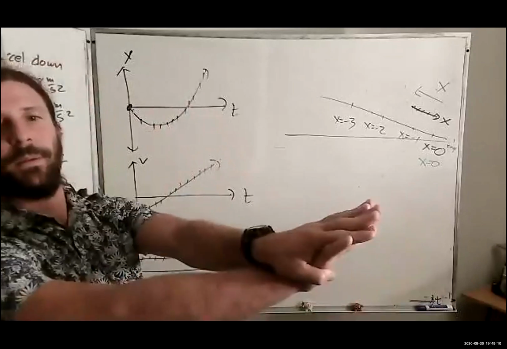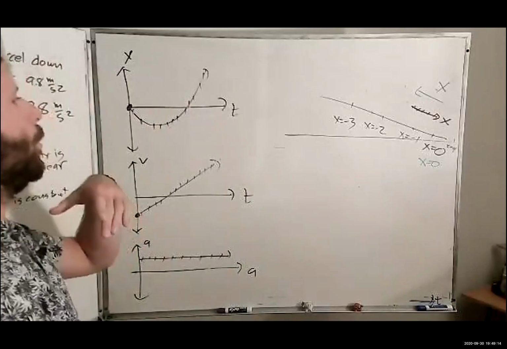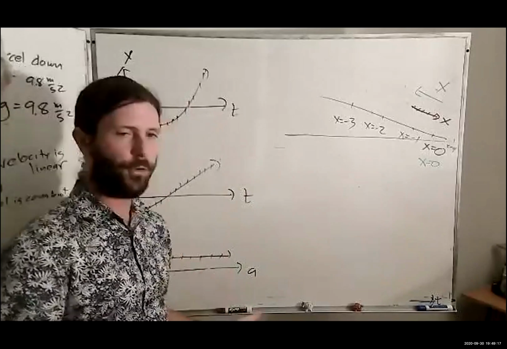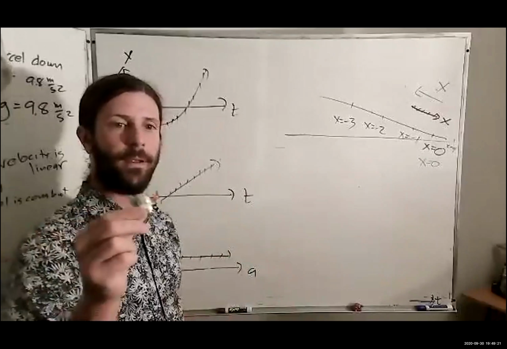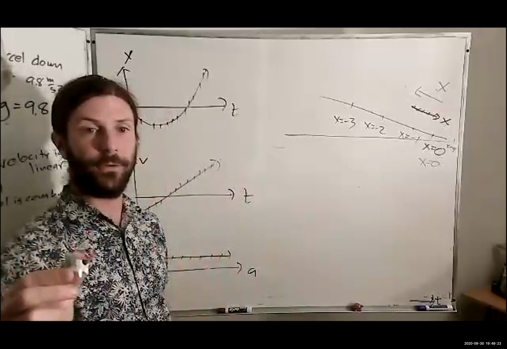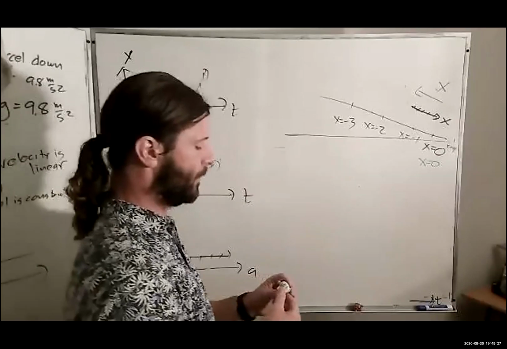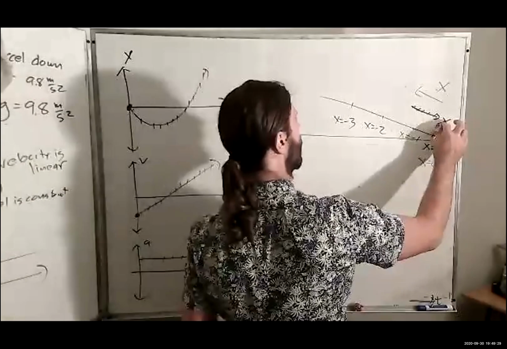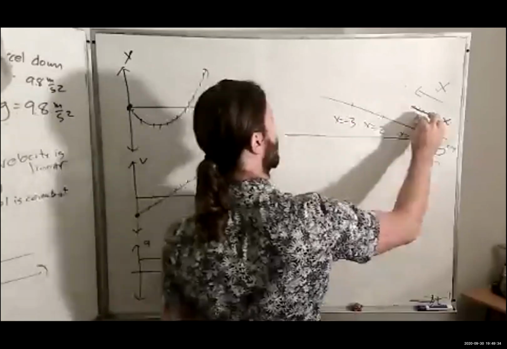Okay, one more thing before we draw in green. Where is the hare speeding up and slowing down? Now, let's look at what's happening here. The hare went up and then back down.